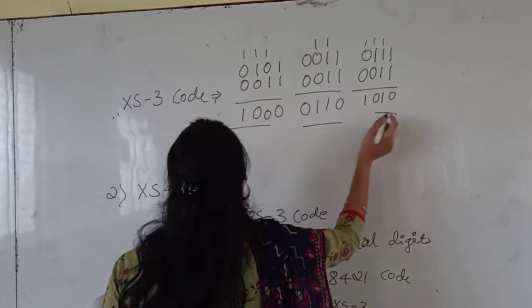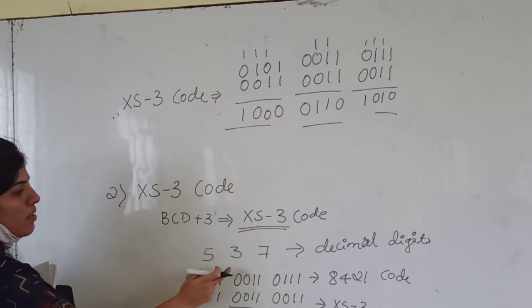These are the XS3 codes for these decimal digits.